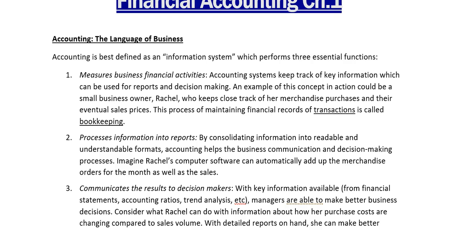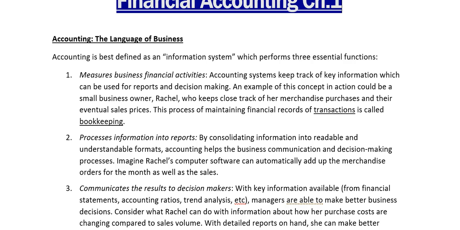So a modern day example of this concept in action would be a small business owner named Rachel who keeps close track of her merchandise purchases and their eventual sales prices. This process of maintaining financial records of transactions is called bookkeeping. So basically everything that happens in your business, you keep good track of it. That's accounting function number one.